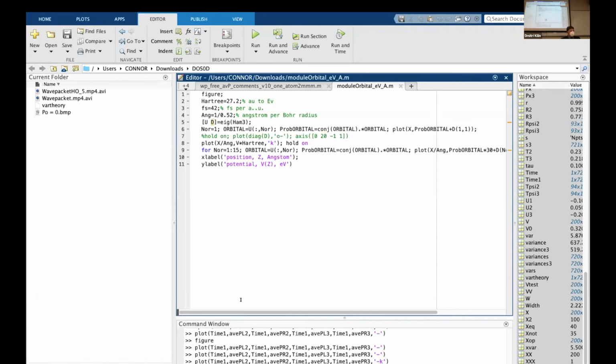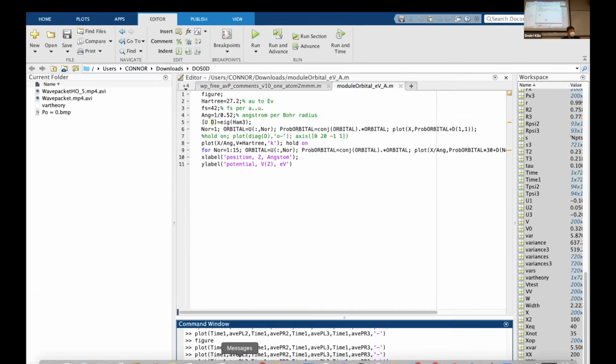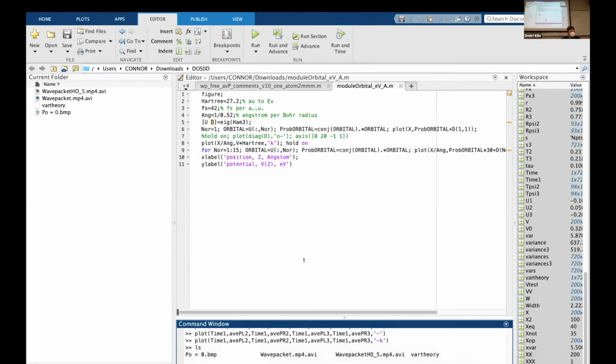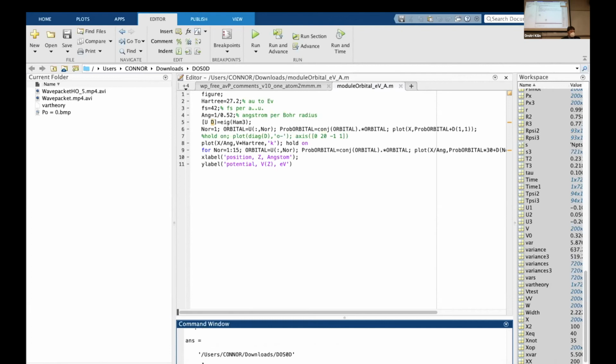In the command line, type ls. Please type pwd. Enter. Okay, so it is DOS0D.